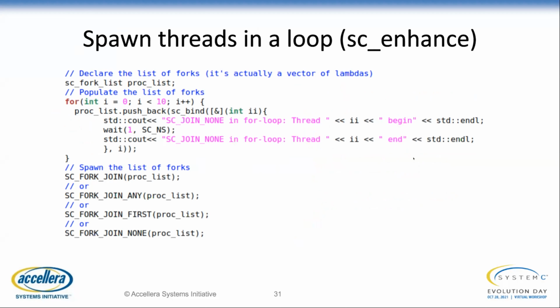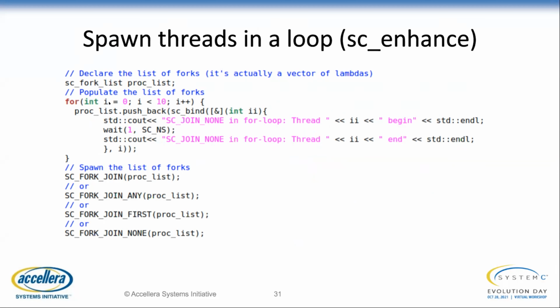And in SystemC, with SC Enhance, you can also do this. All you have to do is declare a fork list. This is a very simple typedef, which is a vector of function objects. You populate this list with lambdas in which you put your thread logic.